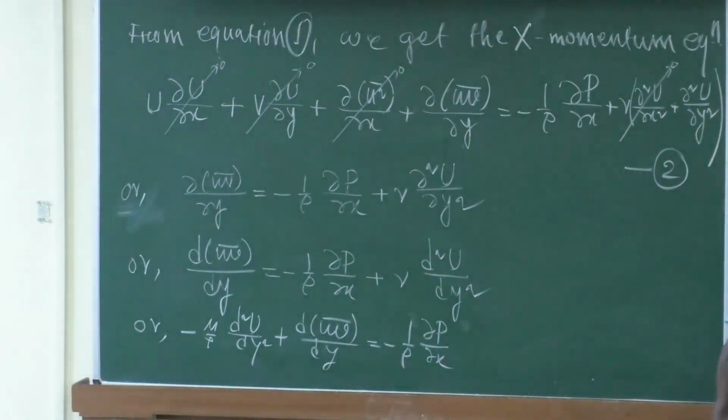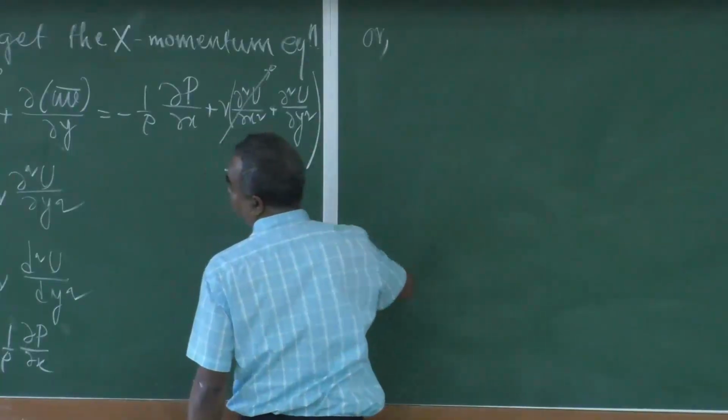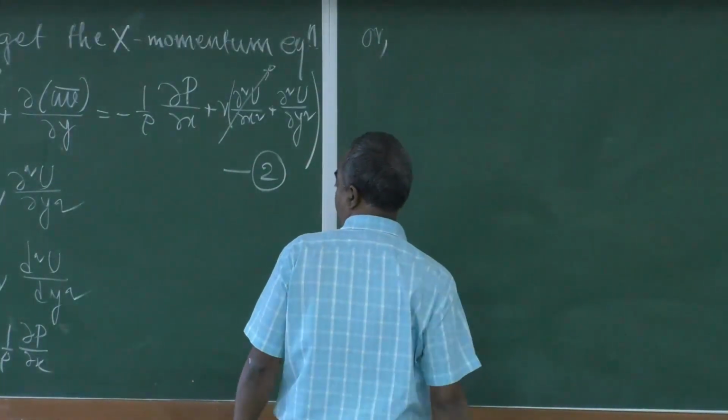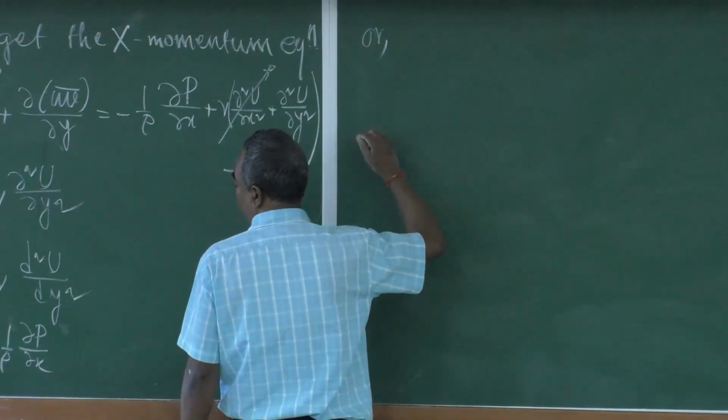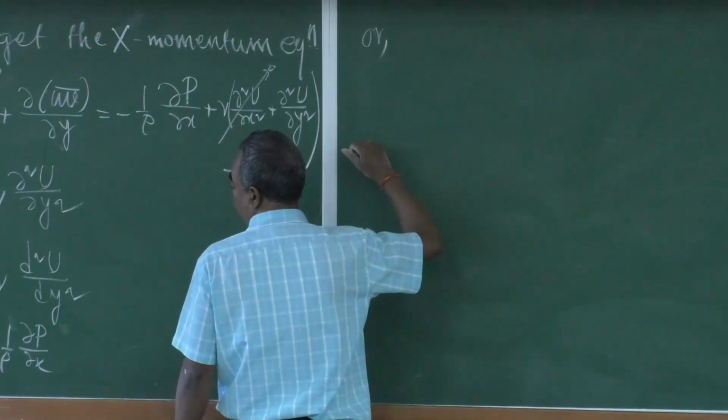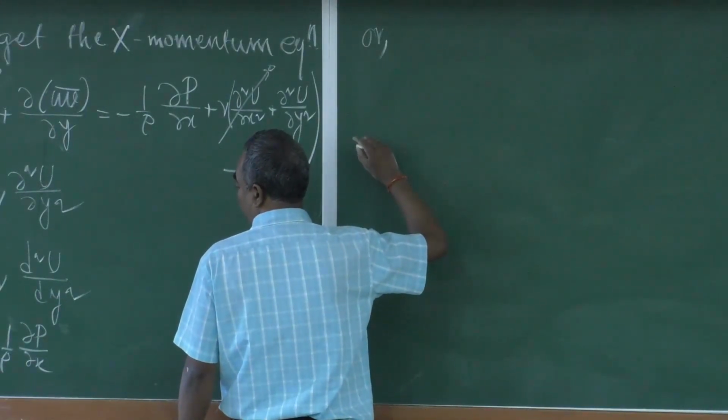I can multiply by rho on both sides and multiply by minus 1 as well.